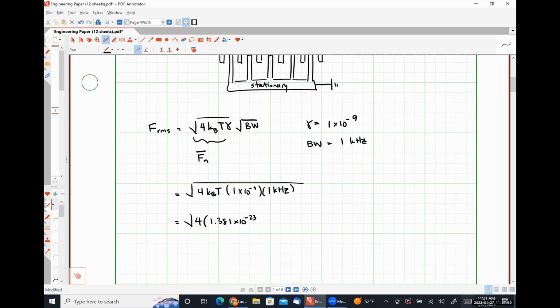Let's see. So kilogram meters squared per second squared times degree Kelvin. All right, so let me think about this.